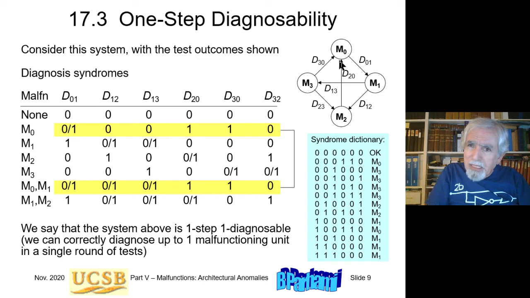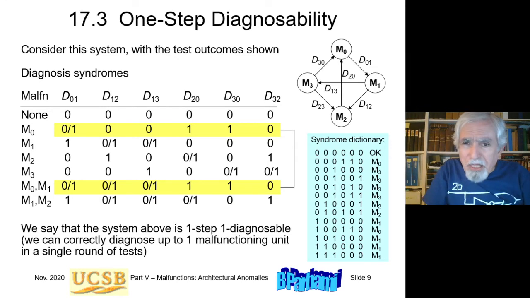Remember, 0 means that the unit thinks the tested unit is okay. So if all 4 units are working correctly, then M0 testing M1 will conclude that it works correctly, and so on. So the syndrome of this testing scheme will be all zeros, and that corresponds to no malfunctioning module.